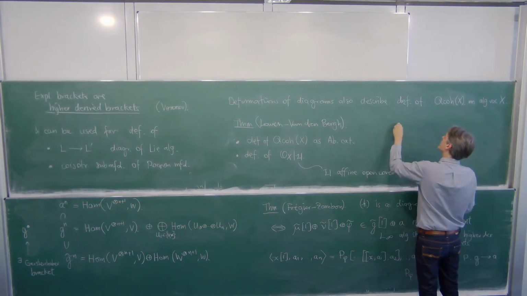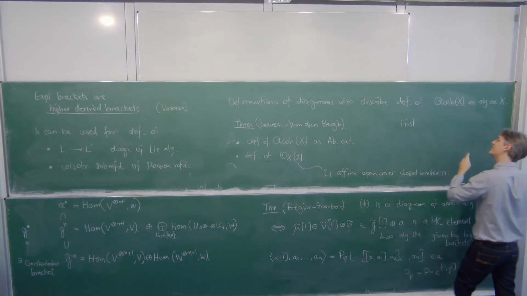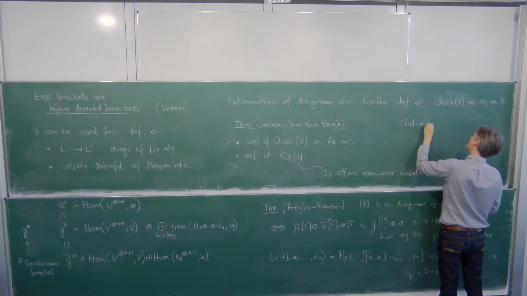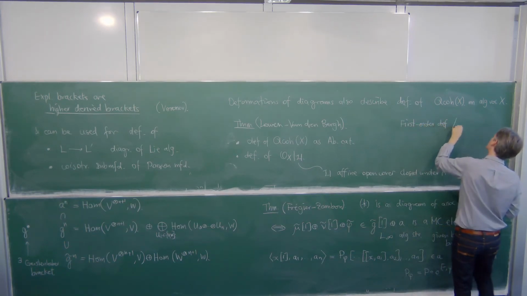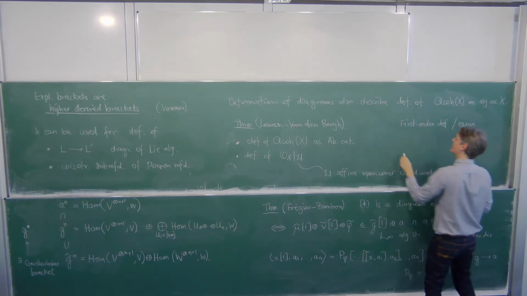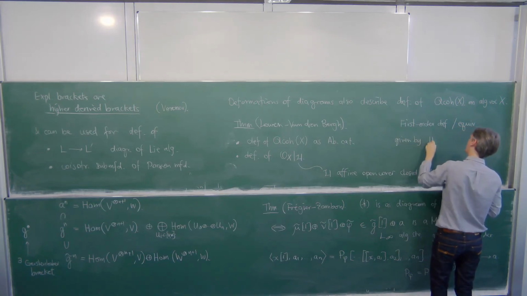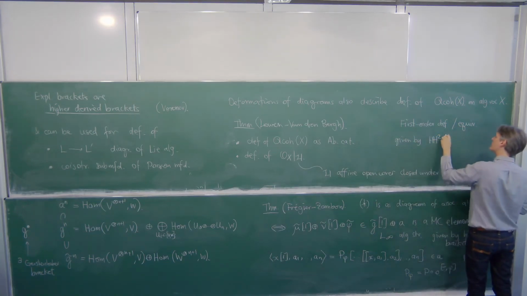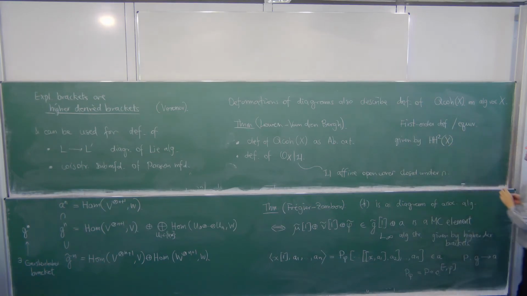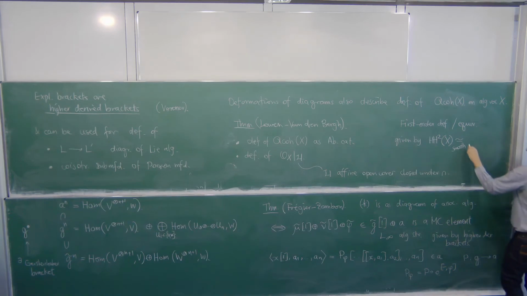And just sort of relate this to the deformation quantization, the first order deformations up to equivalence. So this is the tangent space to the deformation functor. This is given by the Hochschild cohomology, second Hochschild cohomology of the variety or scheme. And when this is smooth, then you have a direct sum decomposition.